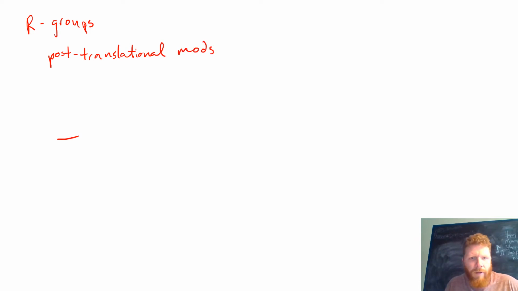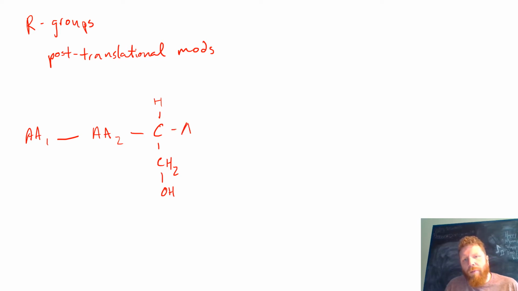Now, if we have amino acid 1, then amino acid 2, then we have an alpha carbon, H, CH2, OH. That would be an example of a serine residue within a polypeptide chain, and we'll call that 4 and ongoing.